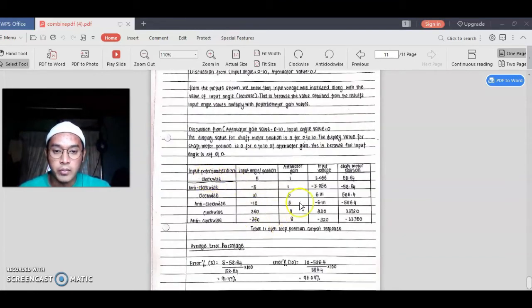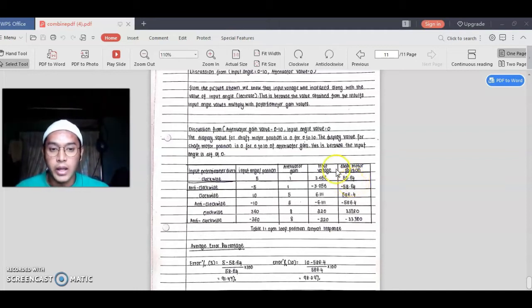Table 1, open loop position control response: input potentiometer direction, input angle position, attenuator gain, input voltage and shaft motor position. For clockwise, input angle 5, attenuator gain 1, input voltage 3.056, shaft motor position 58.464.